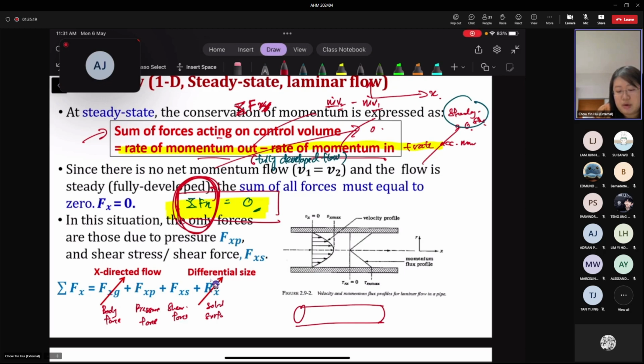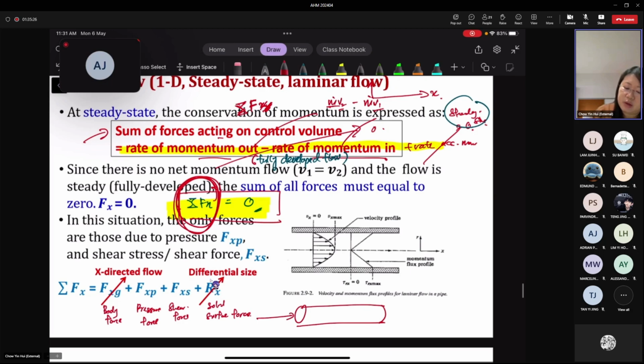Why are two of the terms on the screen cancelled out? If the fluid is flowing in the x direction, this is horizontal flow, so the gravitational force will be negligible. Unless it's a vertical flow, either downward or upward in the z direction, we'd need to consider Fxg. In this case, it's zero because it's a horizontal flow.